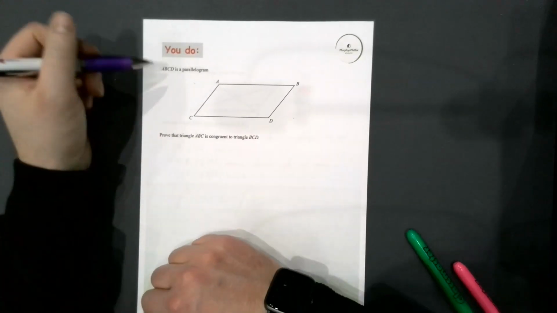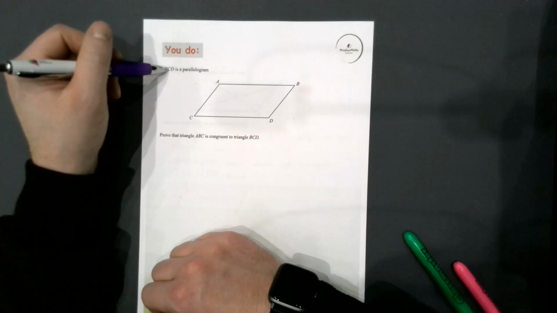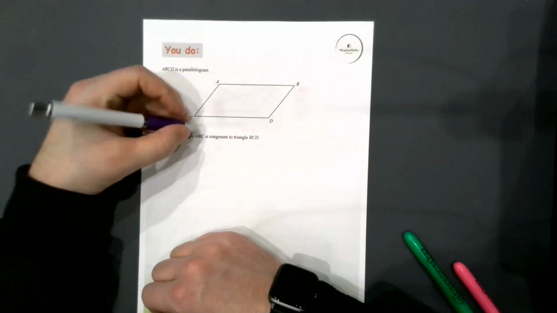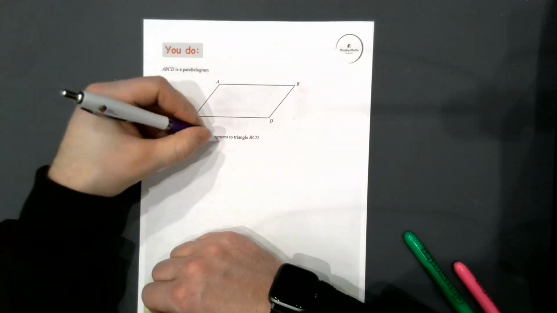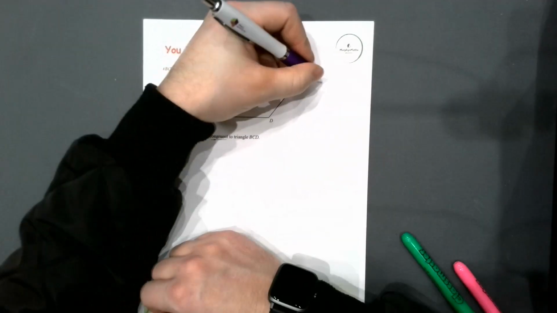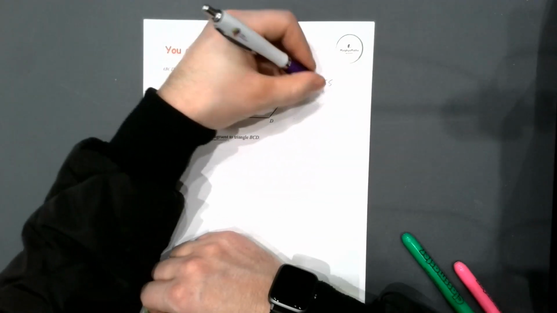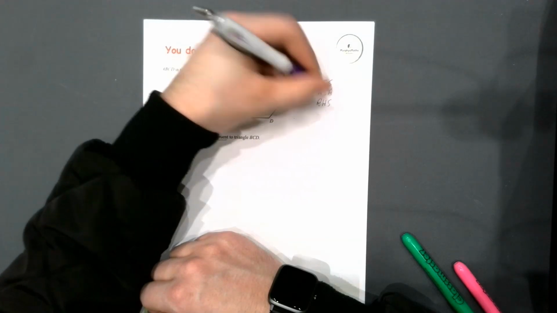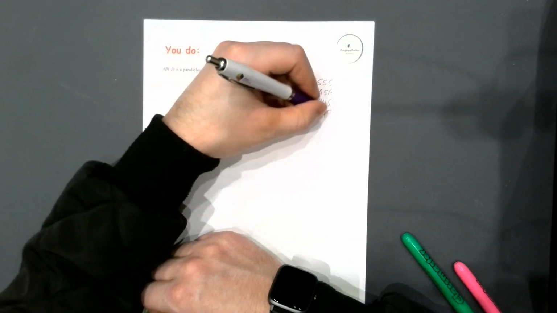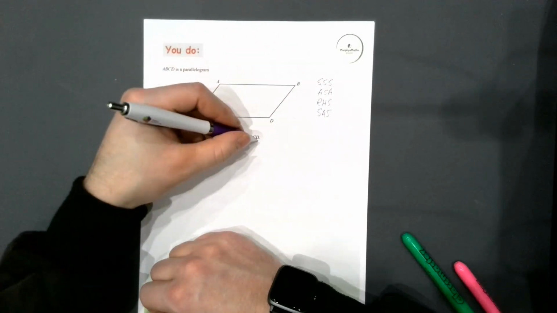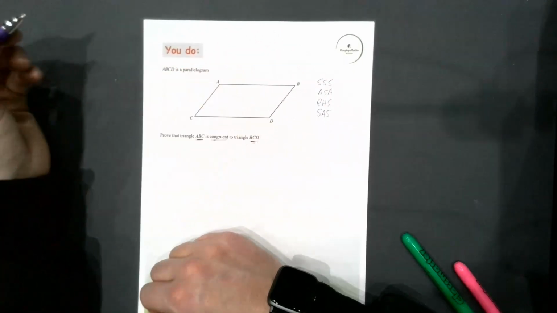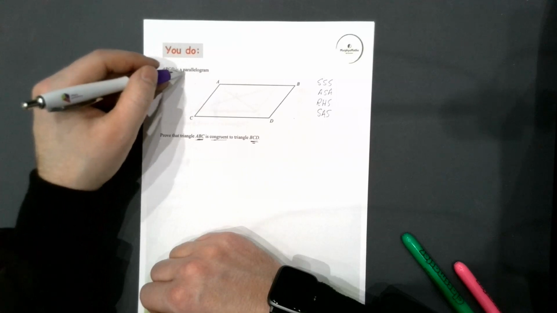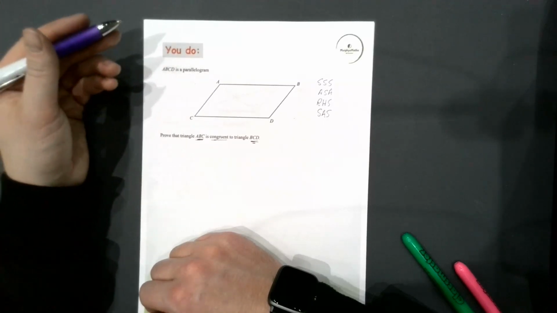Right, hopefully you had some success with this. So we're told ABCD is a parallelogram. Prove the triangle ABC is congruent to triangle BCD. So if it's congruent, we're using one of these four. First of all, it's a parallelogram, so let's note anything we know about a parallelogram.